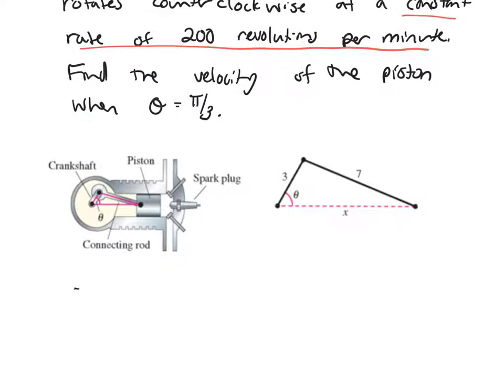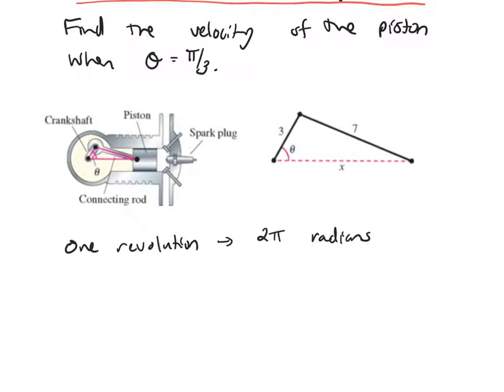So you have to remember that one revolution, one full time around the circle, corresponds to 2 pi radians. So I've got to convert my rate into the appropriate units.